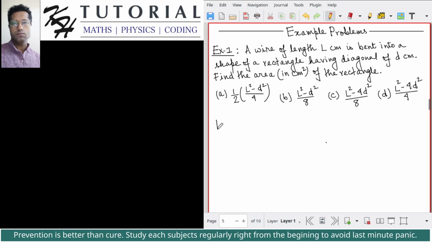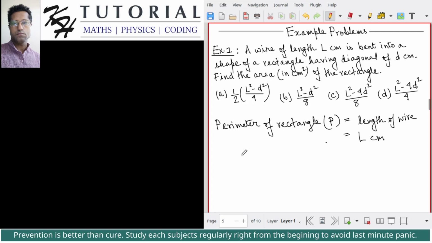So the perimeter of the rectangle P will be equal to the length of the wire, which is given as L centimeter.